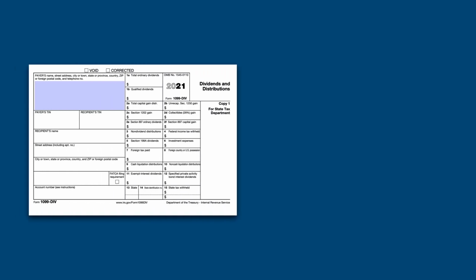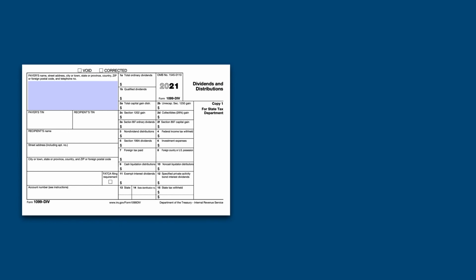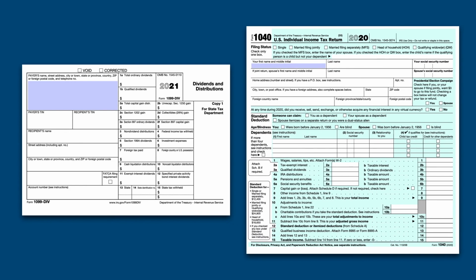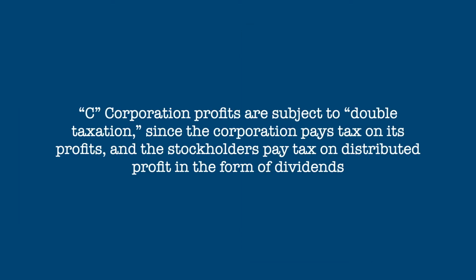Any profits that C corporations distribute to their shareholders are considered dividends and are reported on line 3 of Form 1040 and taxed accordingly. Thus, with C corporations, we have a type of double taxation, where the corporation pays income tax on its profits and taxpayers pay tax on this profit when it is distributed to them as dividends.